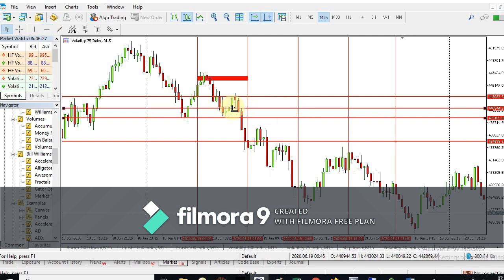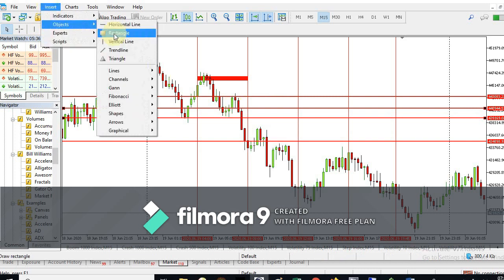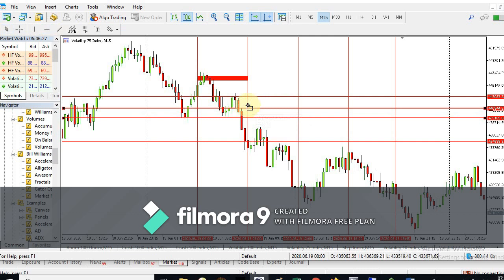Then we'll map out our resistance. Now we have two resistances here, one here, the other here. So we'll try and check whether we'll have another resistance here.